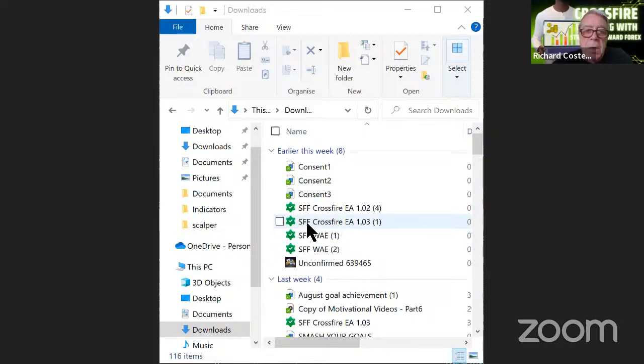I think you're okay with the Crossfire EA, I've got the 1 bracket there. But you must download it and save it as SFFWAE, and then when you take it to your data folder.